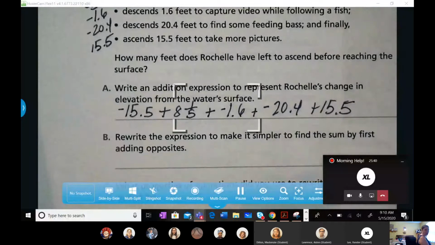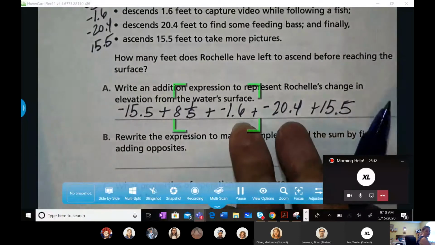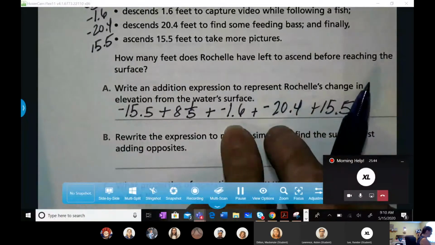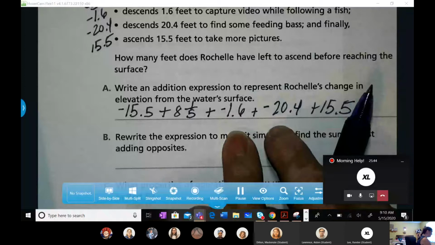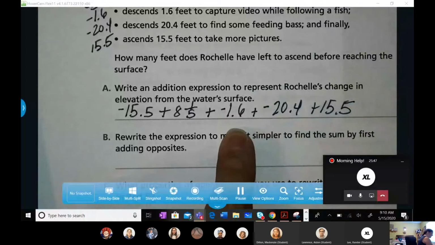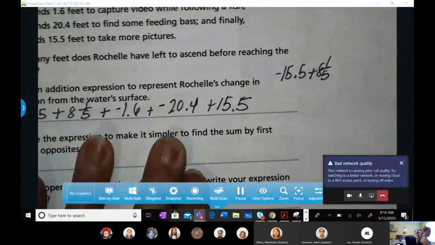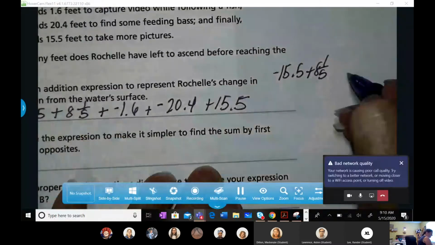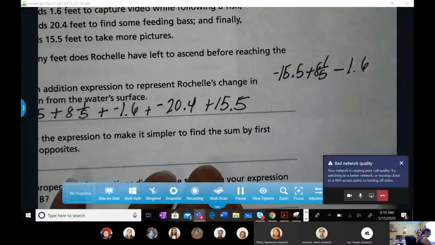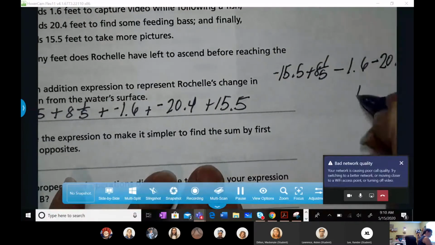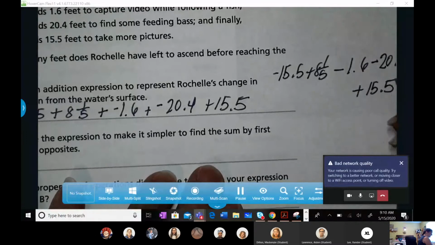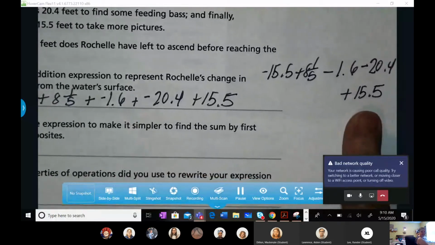Okay, so also, instead of making these negatives, I said negative 15 and 5/10 plus 8 and 1/5 minus 1 and 6/10 minus 20 and 4/10, and then came back and added the 15 and 5/10.